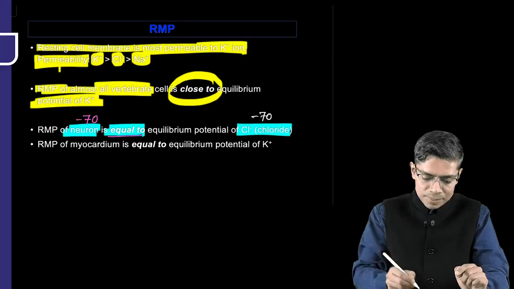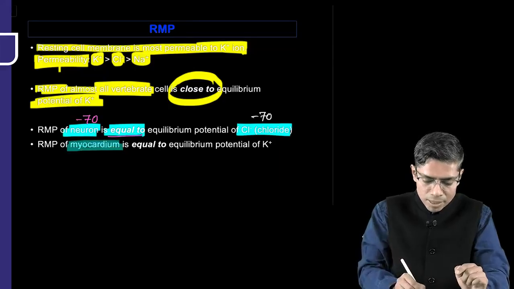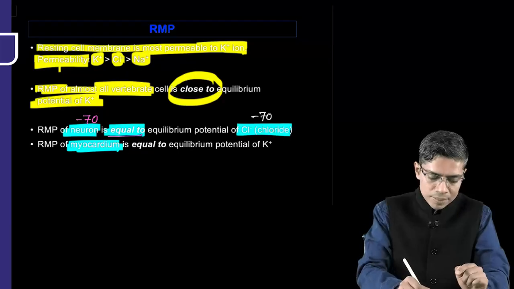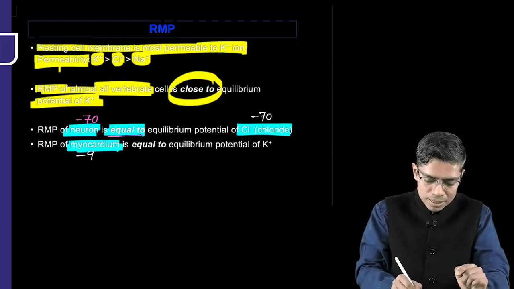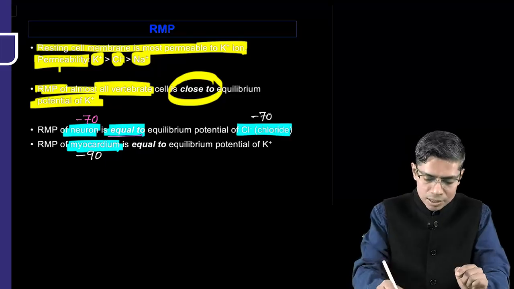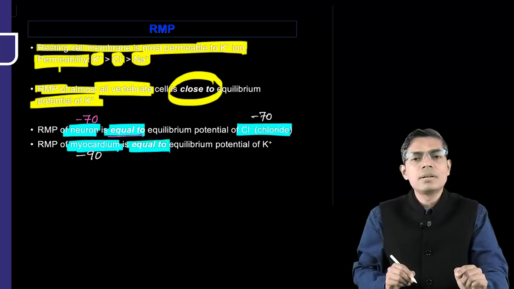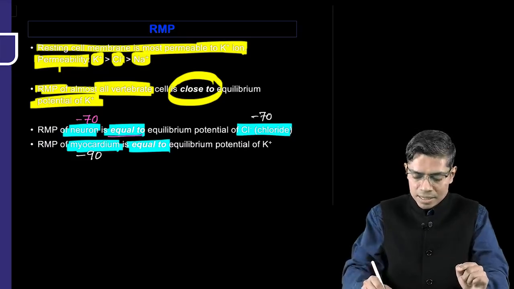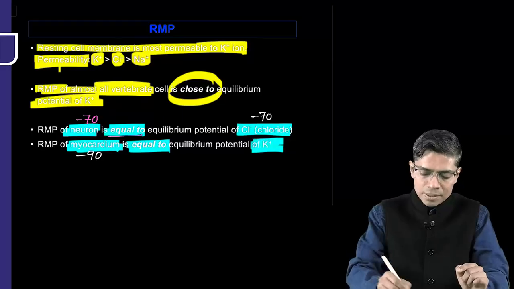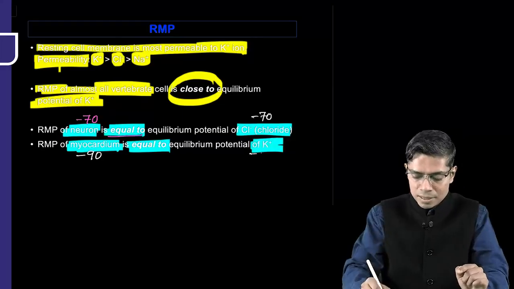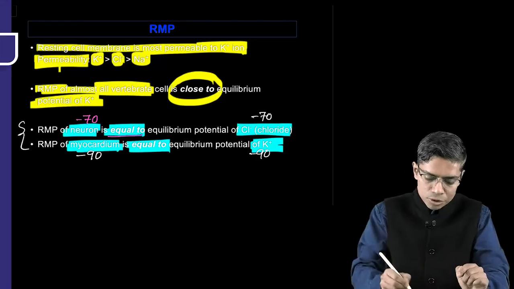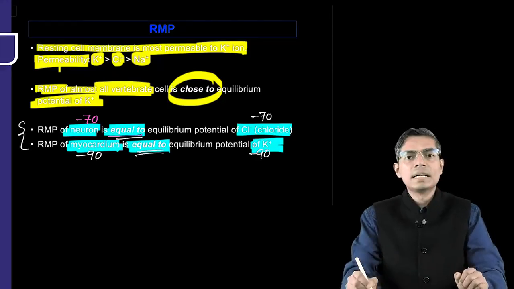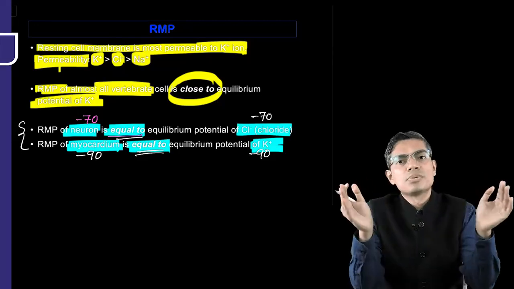But if I ask what is the RMP of myocardium, it is minus 90 millivolt. So if I ask you RMP of myocardium is equal to, then I have to search for an ion which has an equilibrium potential of minus 90, and that is nothing but potassium. So if the question is "equal to", then it is the same number.